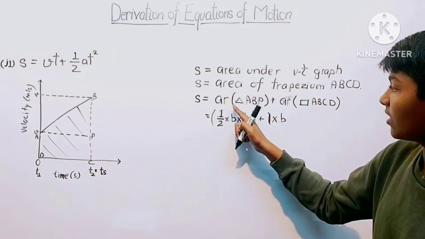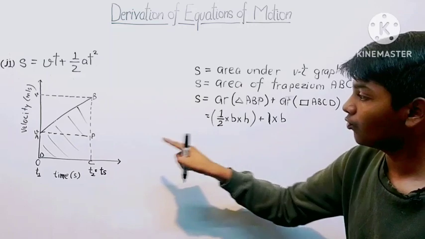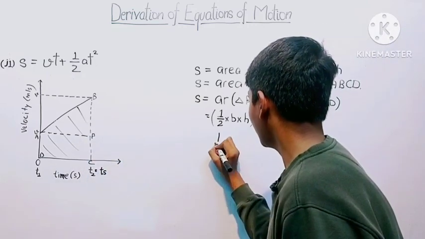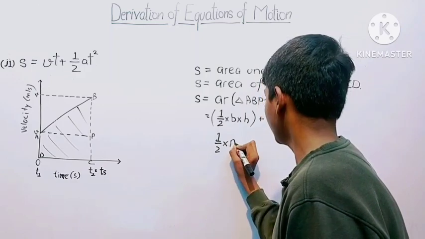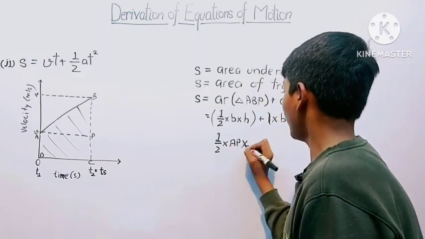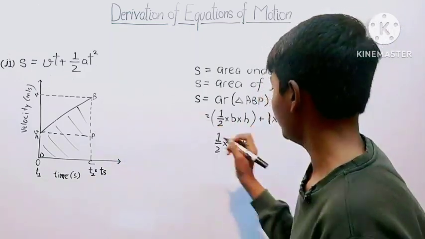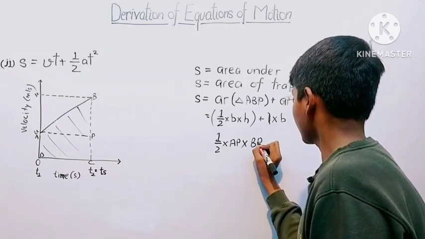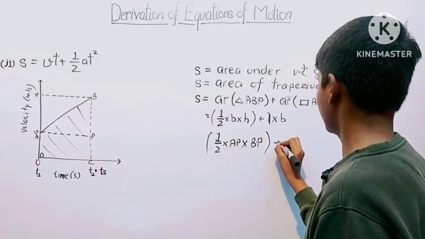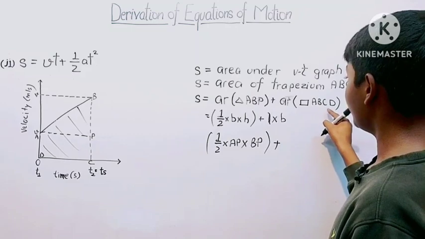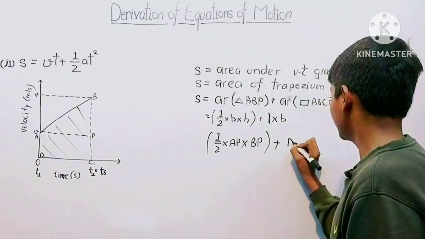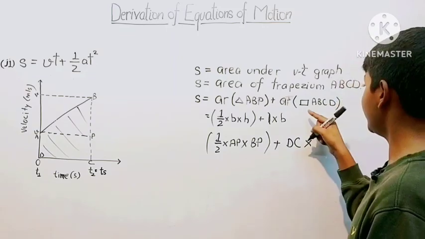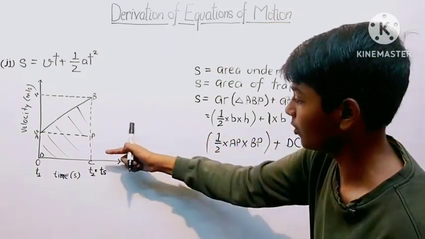So here in the triangle ABP, the base would be AP, so it would be half into AP multiplied by height, which would be BP, plus the length of the rectangle, the length would be DC, multiplied by the breadth of the rectangle, which would be CP.